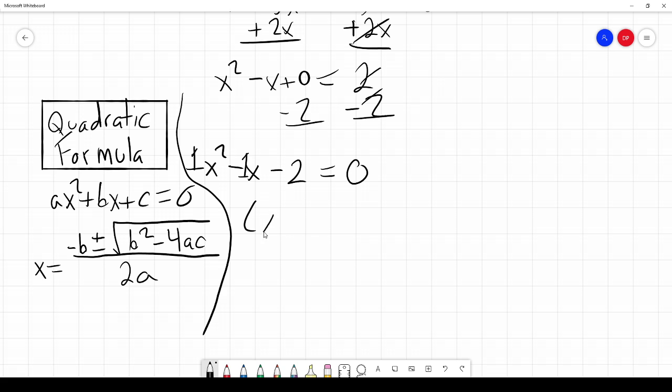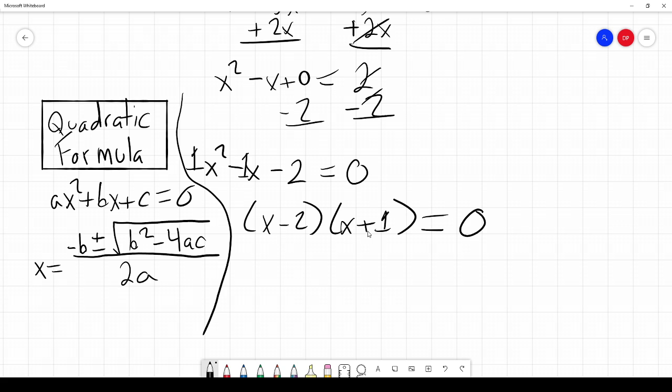So this is going to be x minus 2 times x plus 1. -2 times 1 is -2. -2x plus 1x is -1x. Alright, so this factors. And now, I forgot to do a step at the beginning. I'll have to remember to do that.